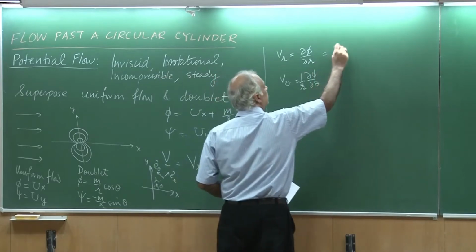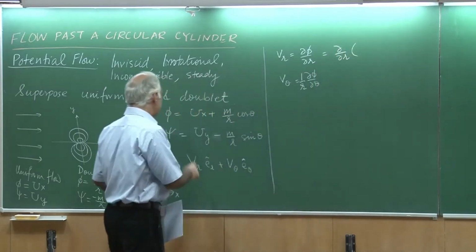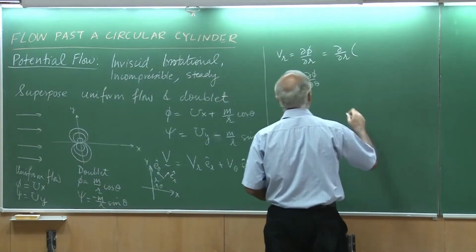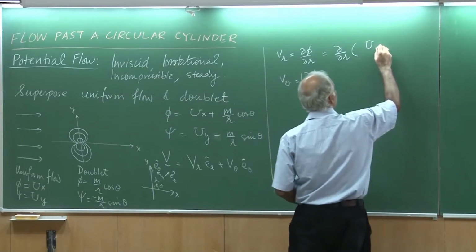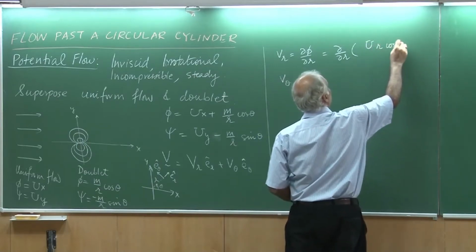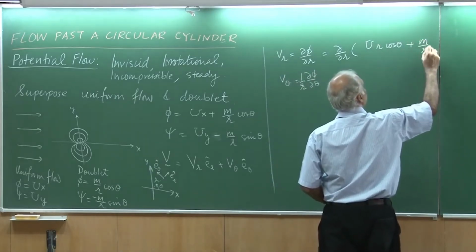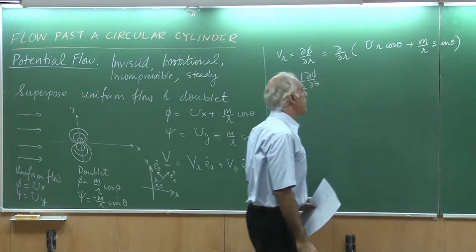All right. So, this would give me del by del r of, this is my phi, u x plus m by r cosine theta. So, I could write this as u times x, which is actually r cosine theta, plus m by r cosine theta.